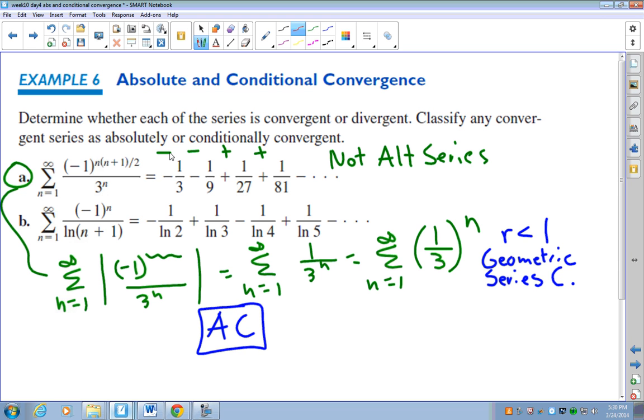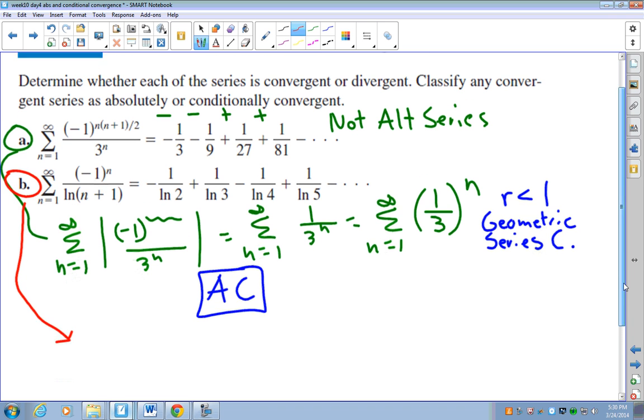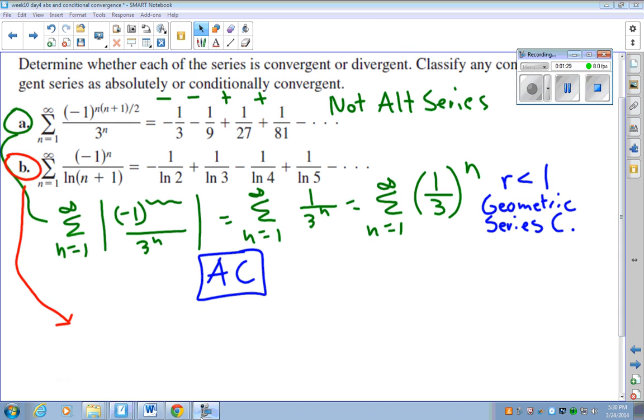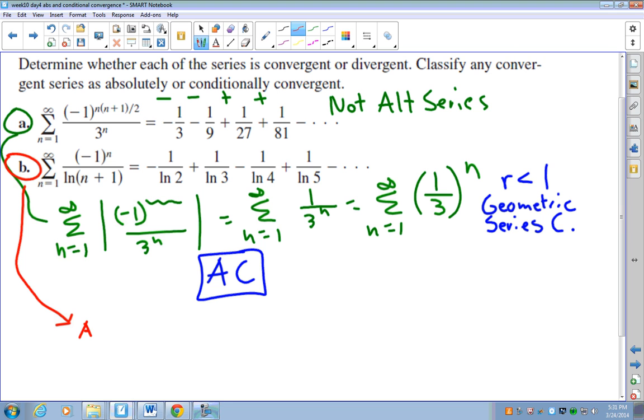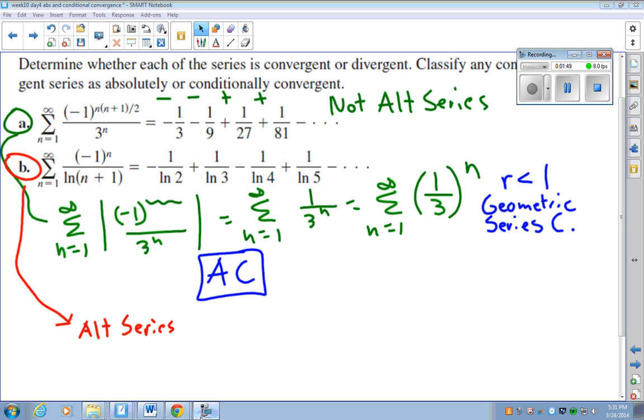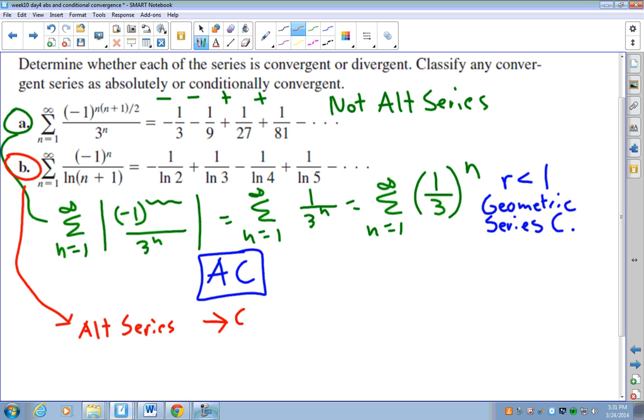Okay, let's look at this one. Okay, this one here, it alternates. So I can do an alternating series test on it. With the alternating series test, the terms go to 0.